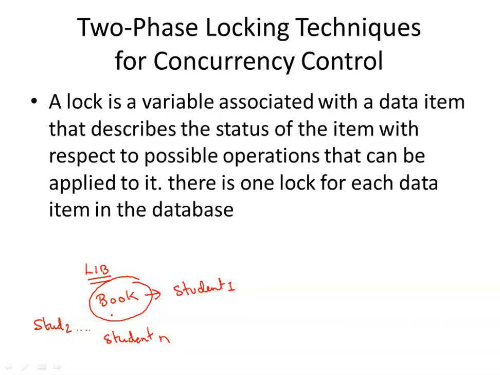But when student 1 issues this book, that student has an exclusive right over this particular book. So basically this student is applying a lock on this book. This book can only be read by student 1 and is not accessible to any other student.